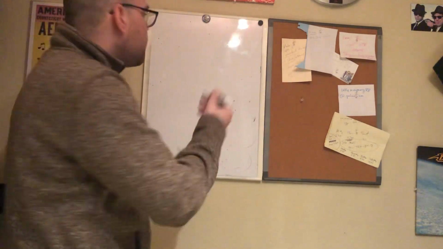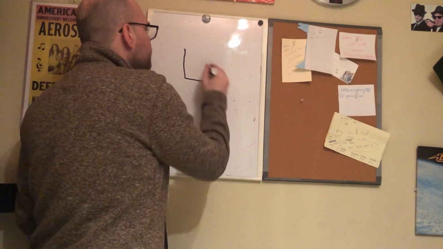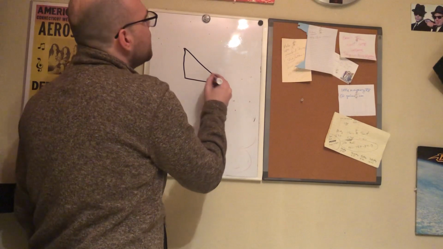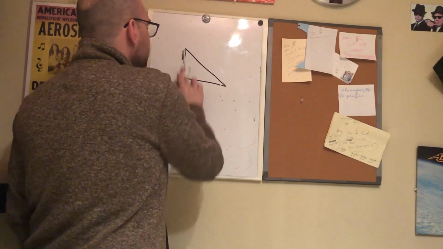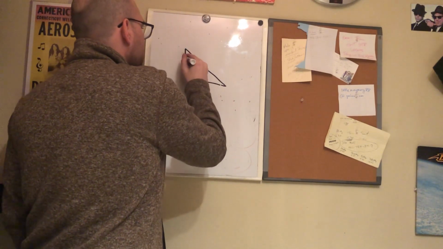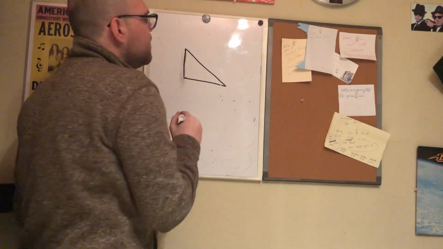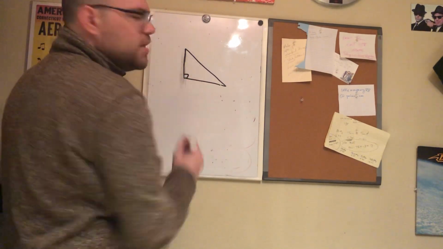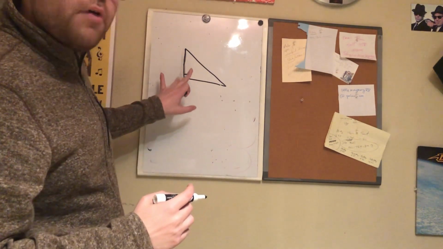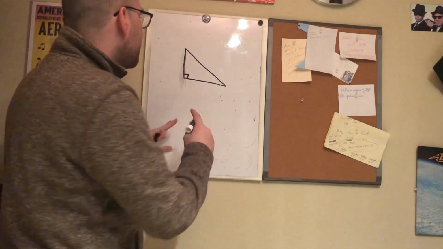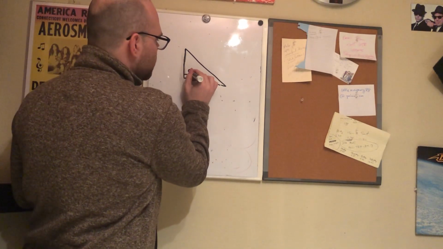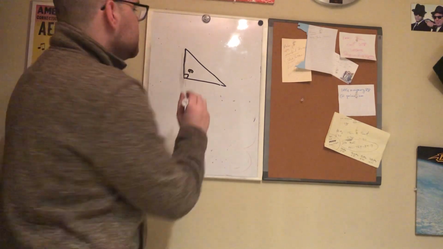So let's draw us up a right triangle right now. Here is a right triangle. I'll probably make a little bit of a flatter side there. And if you notice, I actually drew a little box right here in that corner. And what that box indicates is this corner is a 90-degree angle.